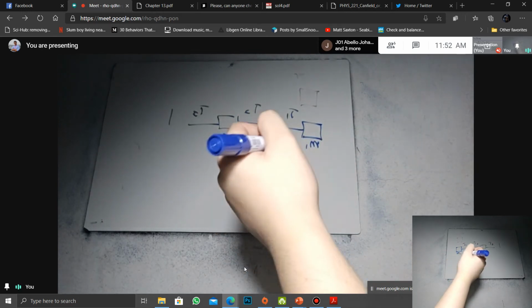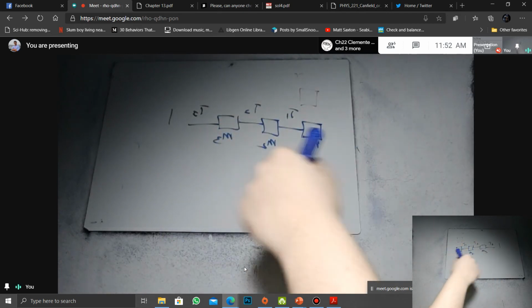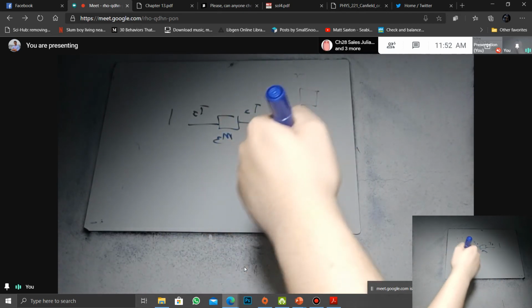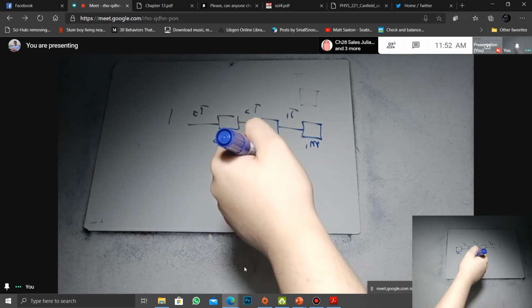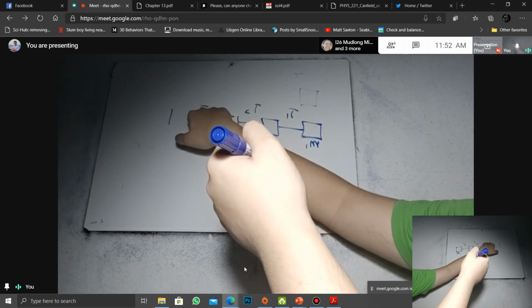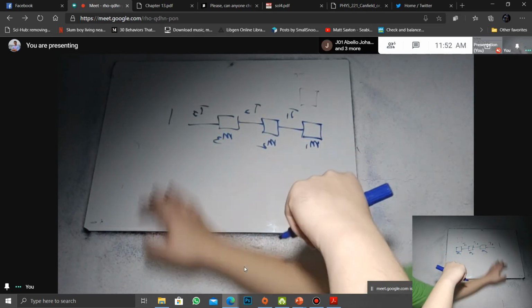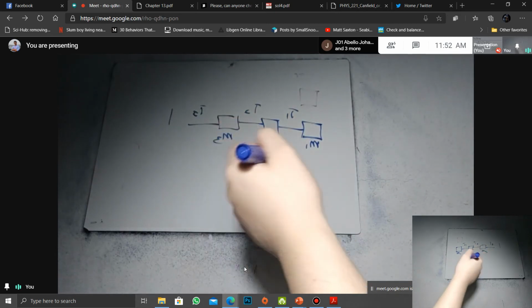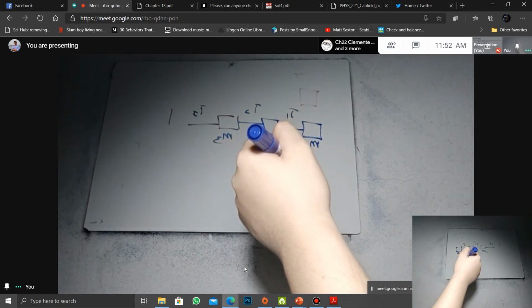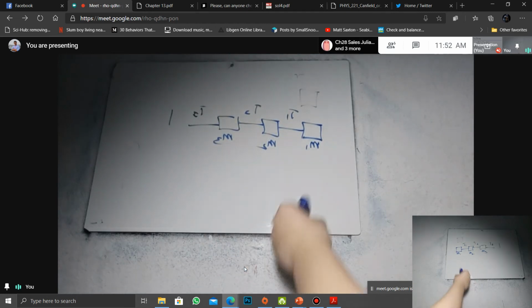Acceleration of the system. Dahil isang connected system lang sila, acceleration equals force, which is T3. Yung T3 dyan, yun yung force of magnitude 65. Kasi humihila rin siya, kaya niya pinangalan na T3. Okay? Sige. Pero before I do that, I'm going to draw the free body diagram of each.